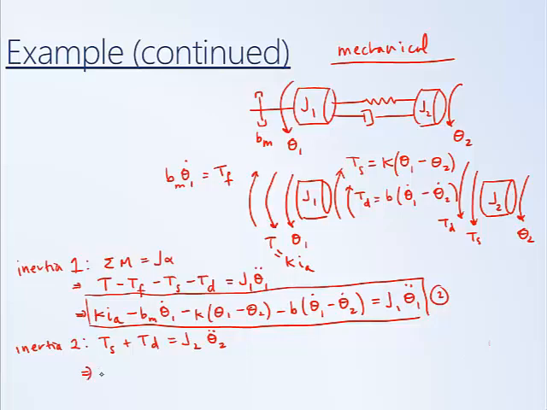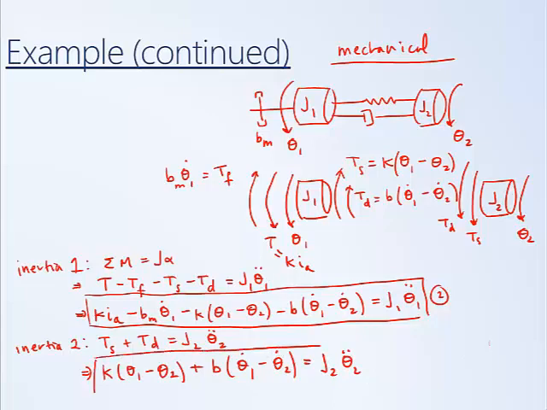Substituting in expressions for T sub s, we have K times the quantity theta 1 minus theta 2. Substituting for T sub d, we have B times the quantity theta 1 dot minus theta 2 dot, and that's all equal to J2 times theta 2 double dot. And so this gives us our final and third differential equation needed for modeling this system.